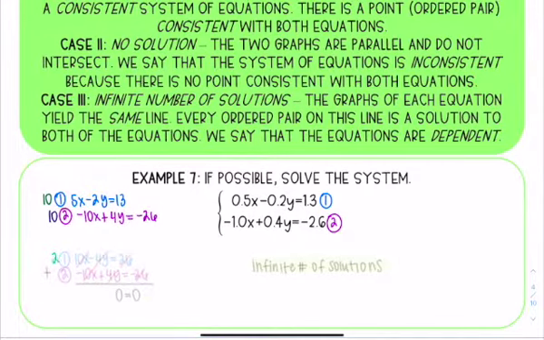So I'm multiplying equation number 1 by 2. It's going to give me 10x minus 4y equals 26. We are going to leave equation 2 exactly the same way and not touch it.